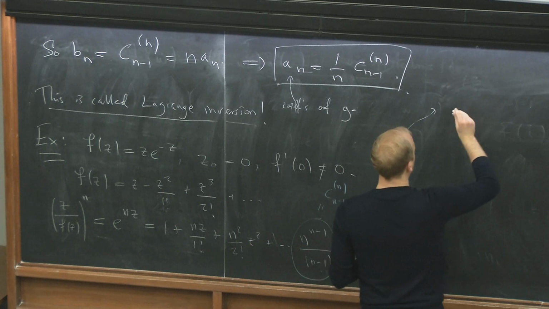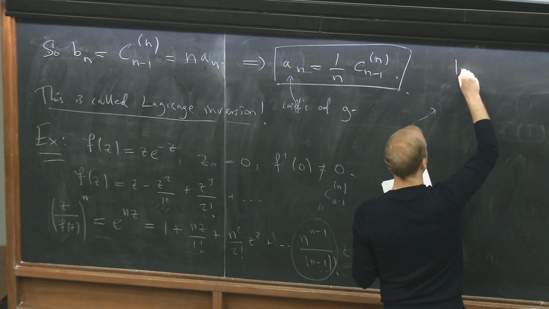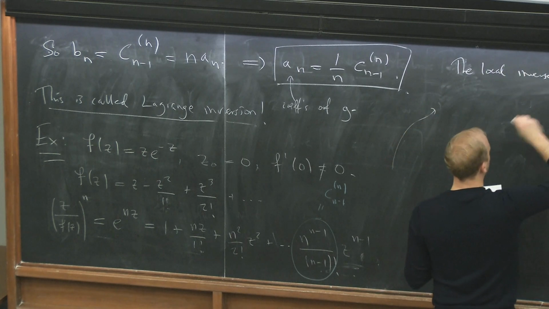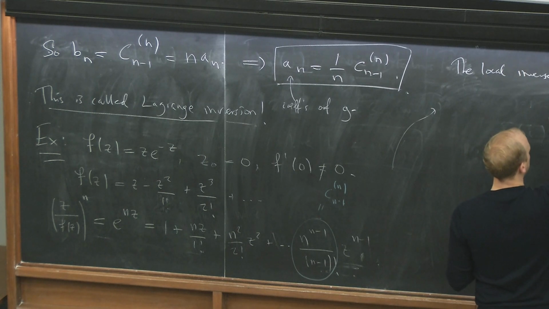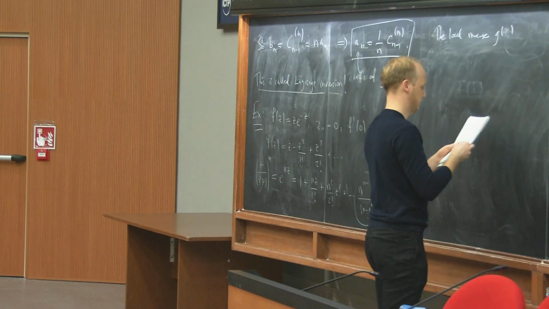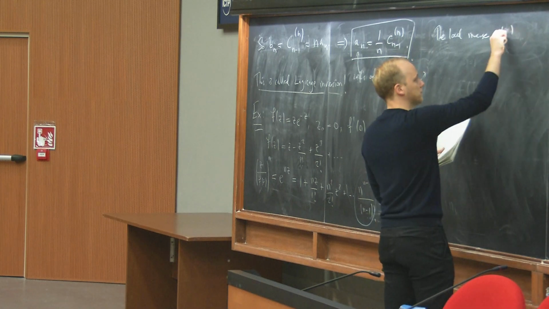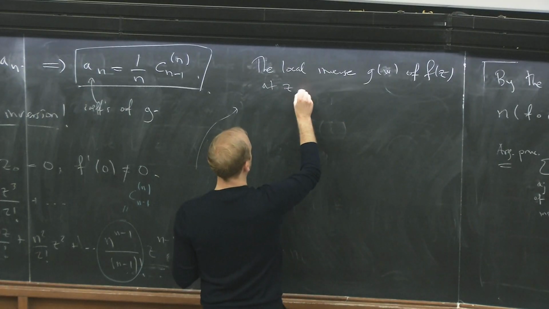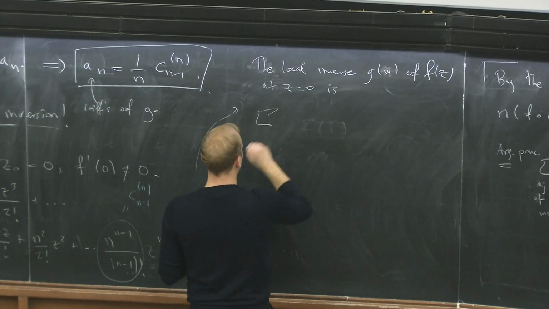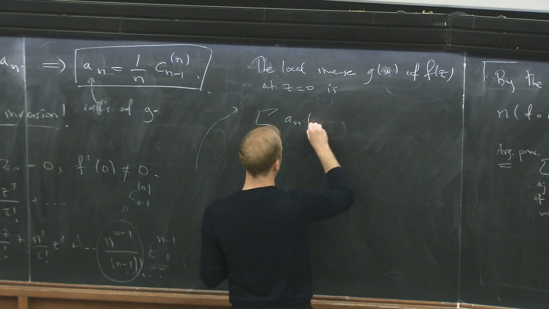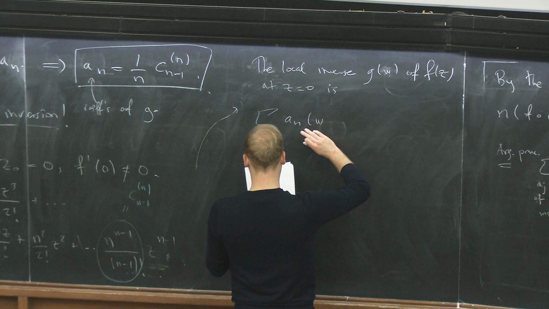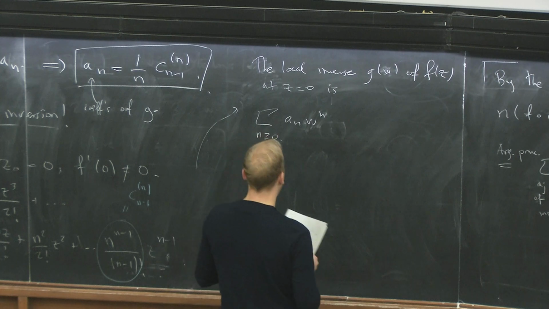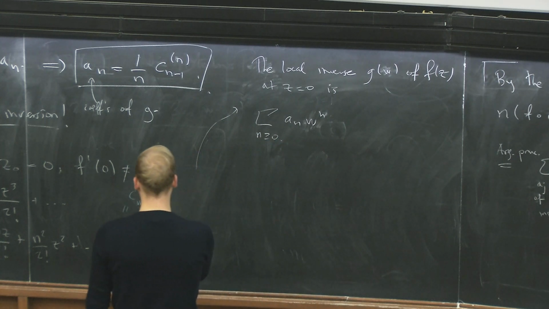And I get that the local inverse g of z, or g of w, of f of z at z equals 0 is given by the sum of a_n w^n, where a_n was equal to 1 over n times c_n.